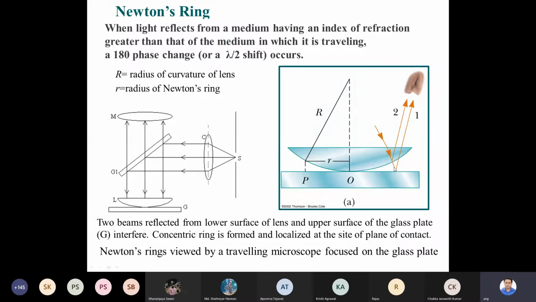It may be air or it may be an unknown liquid. Then you have a glass plate, so it is reflecting, and this 1 and 2 ray are interfering. So interference between this ray reflected from the glass plate and the ray reflected from the convex lens.